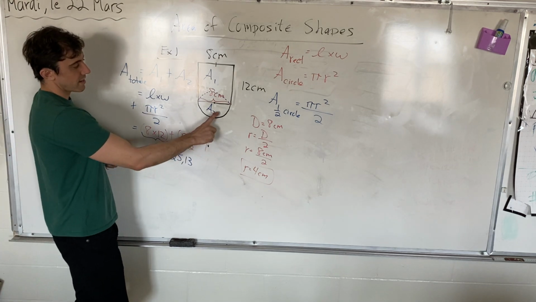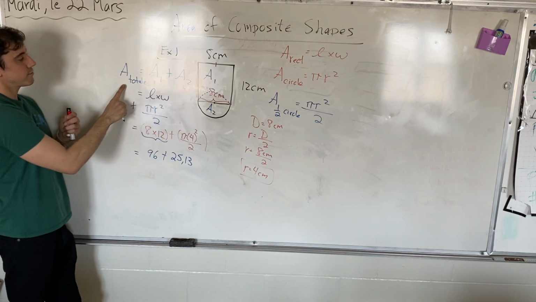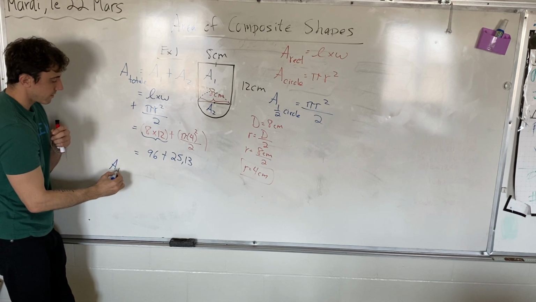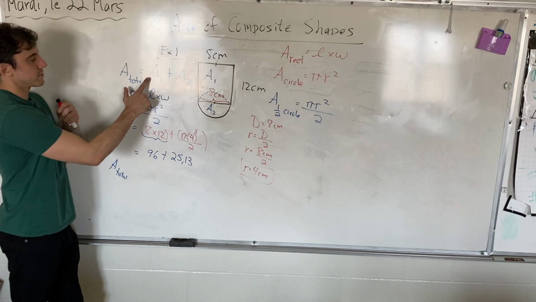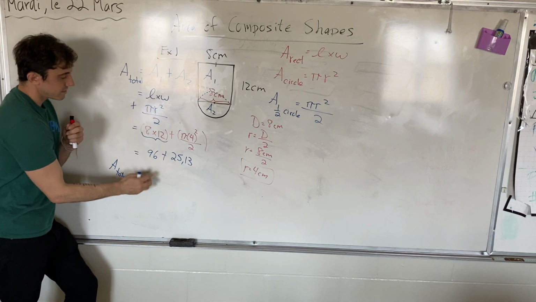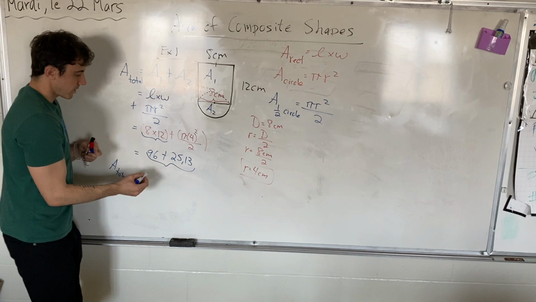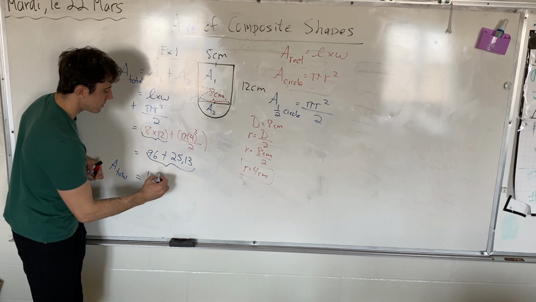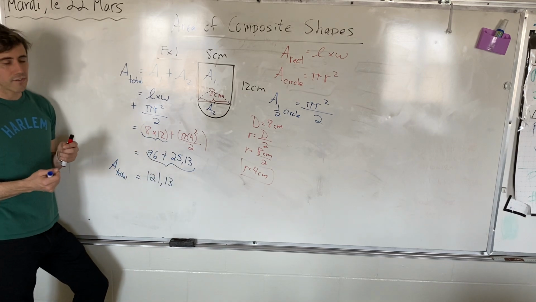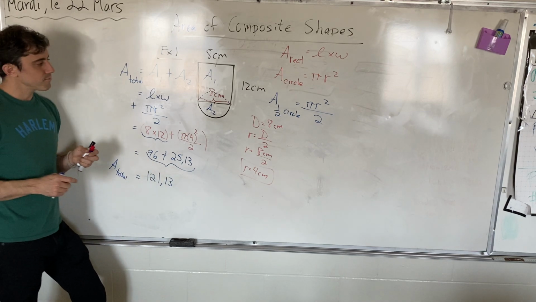This will be the area of that half circle. And putting them together, A1 plus A2 for the total area, we find that the total area will be 96 plus 25.13 for a total area of 121.13. And now to finish off our solution, we will add in the units at the very end.